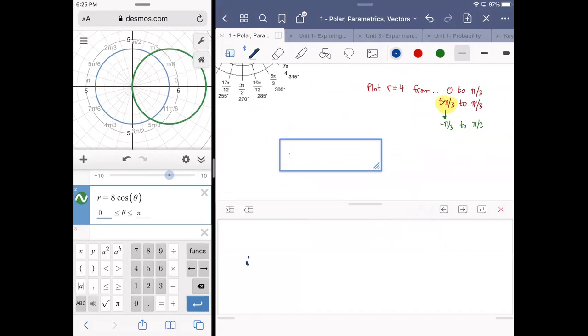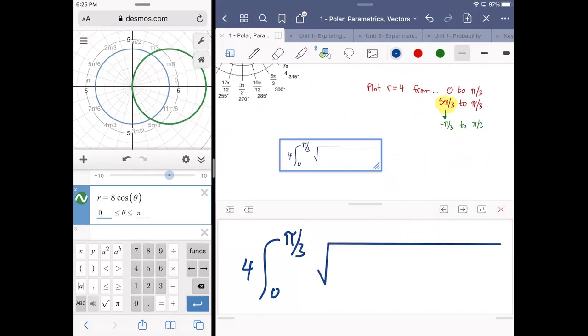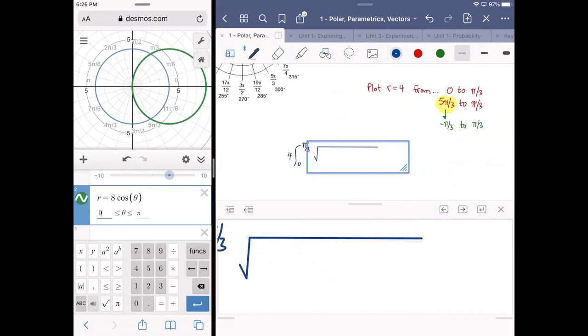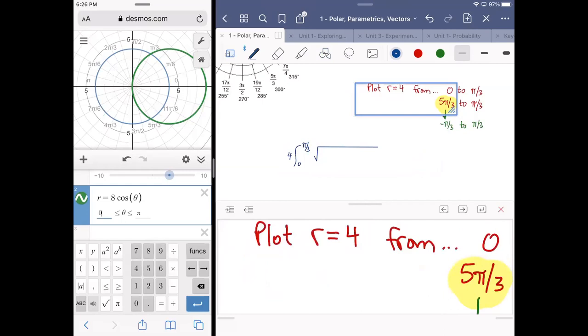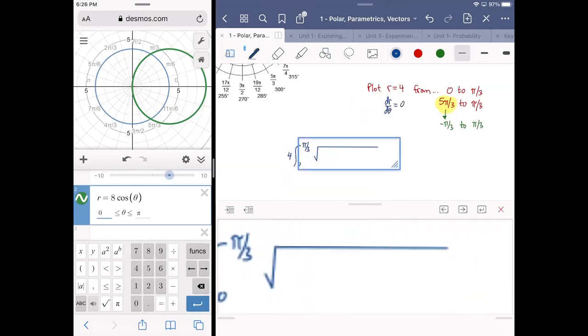So 4 quality 4, going from 0 to pi over 3. We're going to have our radical. All right, it's r squared plus dr d theta squared. Well, we know that r is equal to 4, and dr d theta, a constant value, is going to be equal to 0.